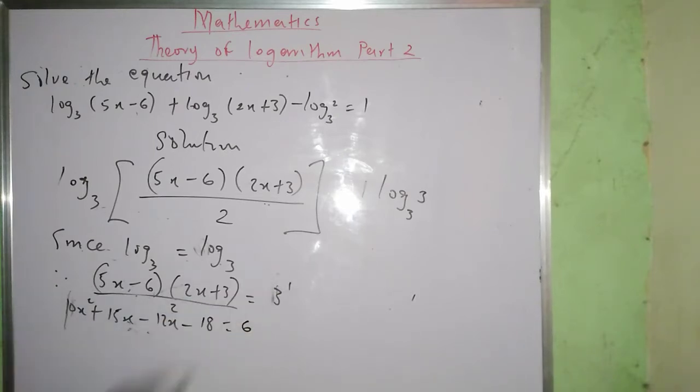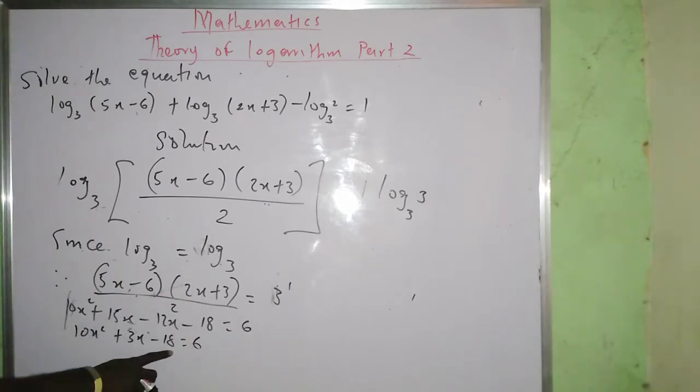I multiply this by this. Now, this and this will be 3x. I have 10x squared plus 3x minus 18 equals 6.